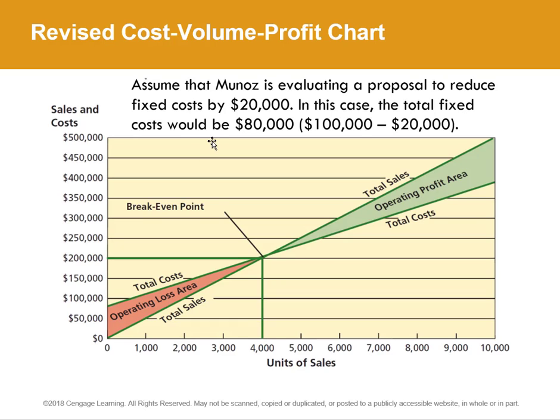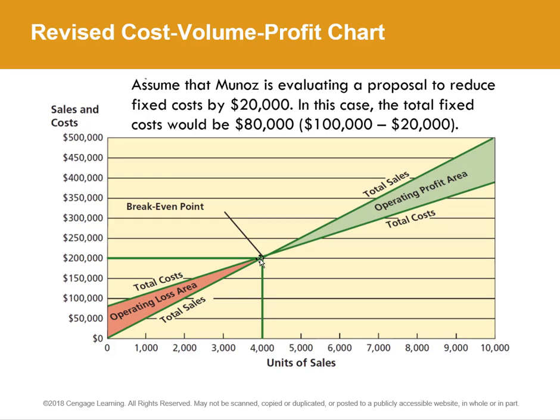Here are our assumptions. Our starting point now for cost is right there at 80,000. Then I add my variable cost of $30 per unit, and our break even changes. Our break even is now reduced to 4,000 units, or 200,000 in sales.